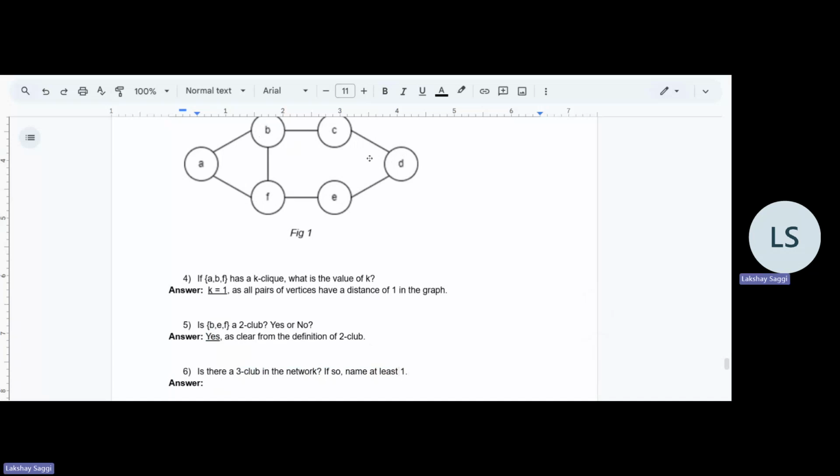So these vertices form a three club because for any pair of vertices, the shortest distance is less than or equal to three when you consider this subgraph. And we don't need any maximality requirements here, so we don't need to check for that. So yes, there is a three club. B, C, D, E is a three club.